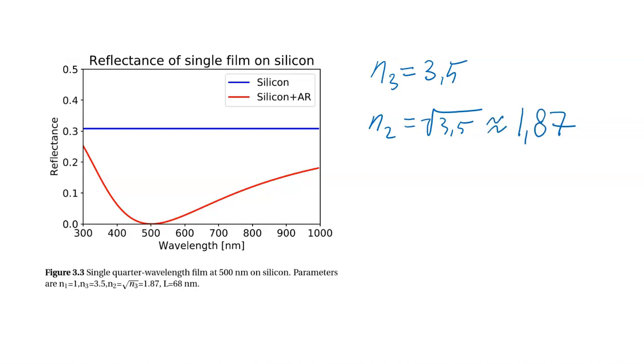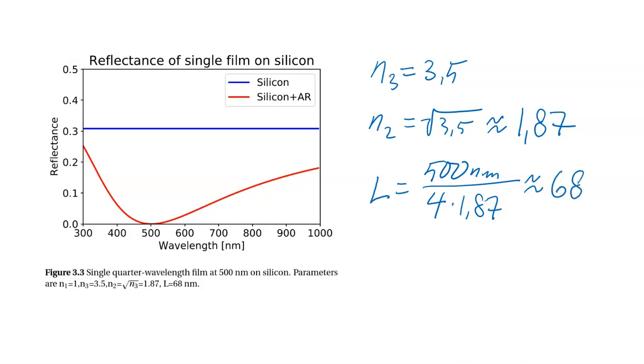If we design the anti-reflection for the wavelength of 300 nanometers, the thickness should be about 68 nanometers. And from the figure, we see that indeed the reflection is 0 at the design wavelength.